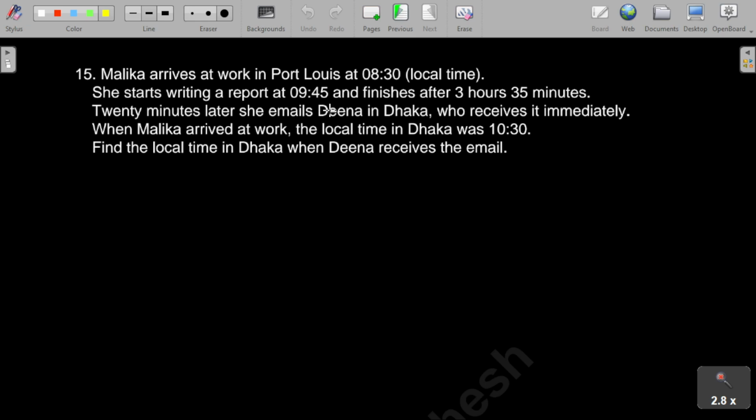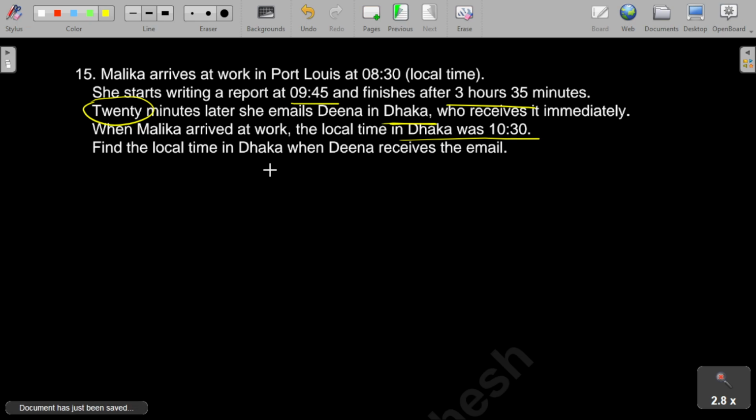She starts writing report at 9:45 and finishes 3 hours 35 minutes later. 20 minutes later she emails Dina in Dhaka, who receives it immediately. When Malika arrives at work, the local time in Dhaka was 10:30. Find the local time in Dhaka when Dina received the email.